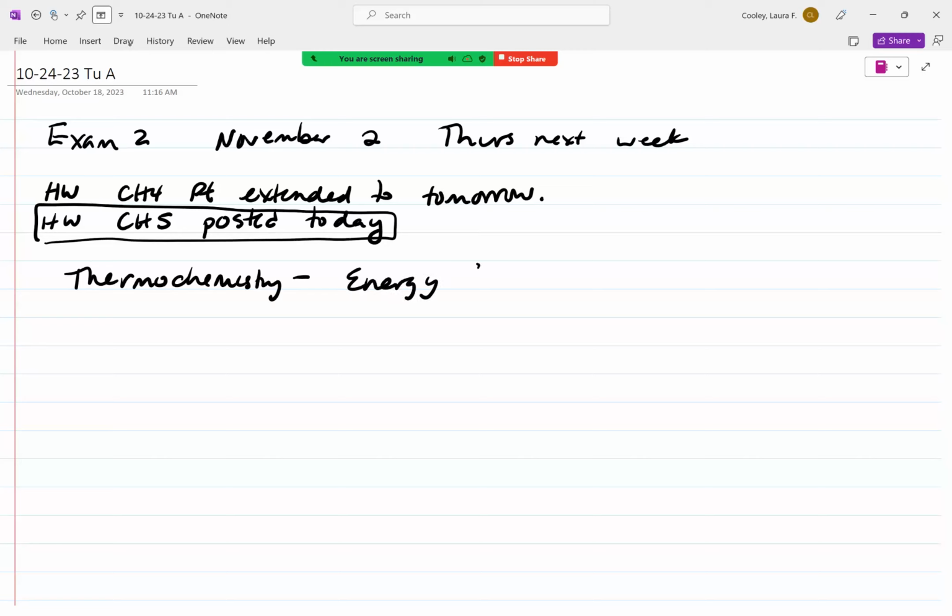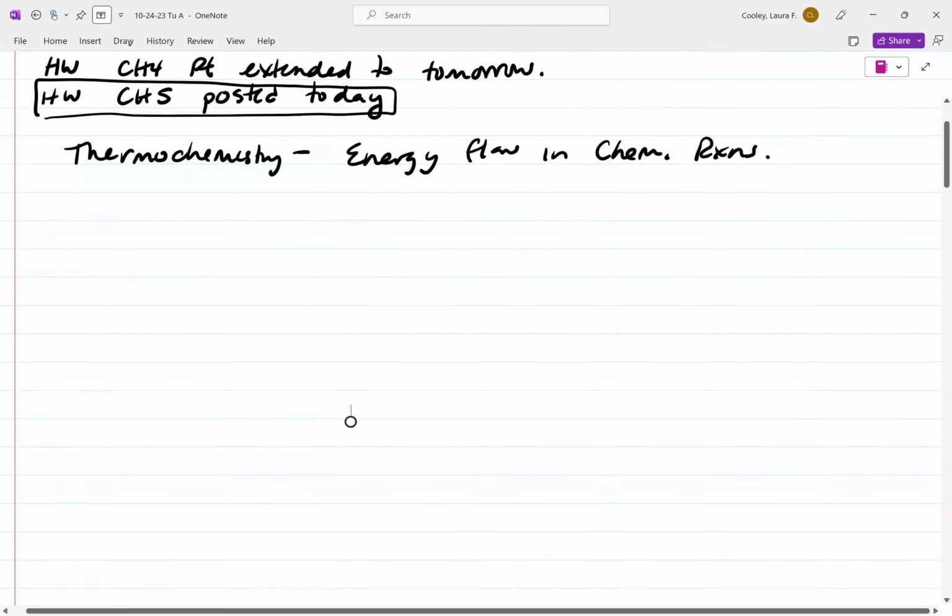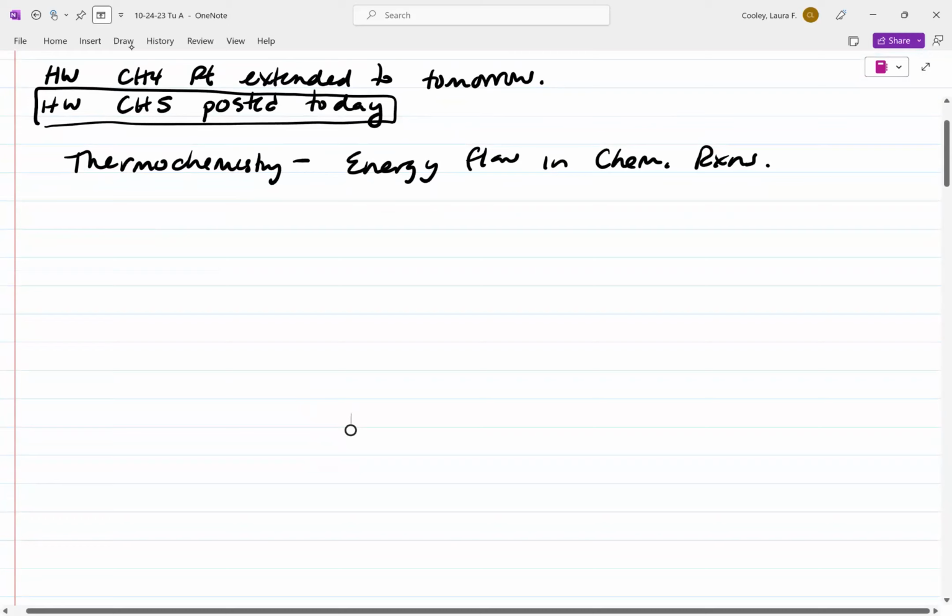This chapter is all about how some reactions give off heat because they start at a higher energy and end up at a lower energy. Because of conservation of energy, it's not created or destroyed, so that energy is not lost. It is simply released as heat into the environment.